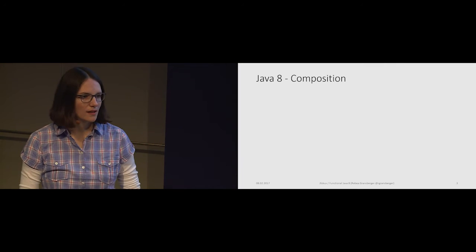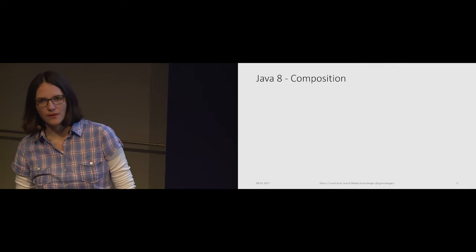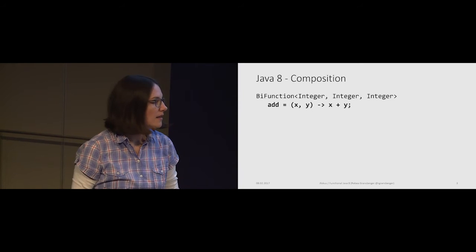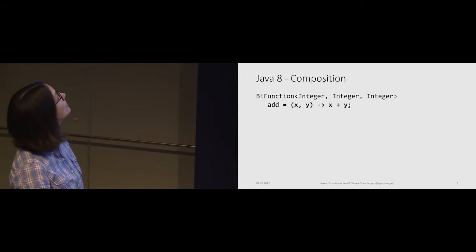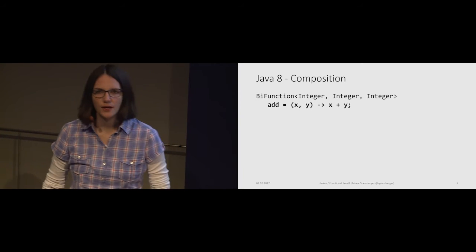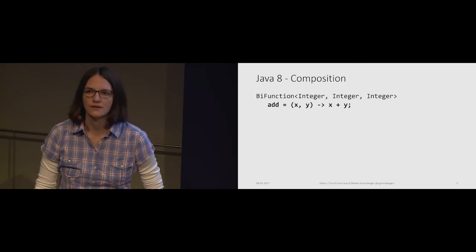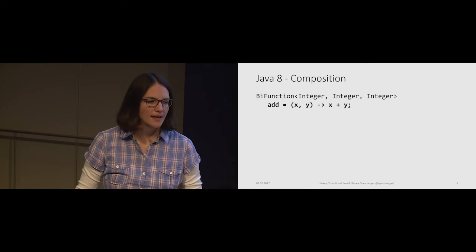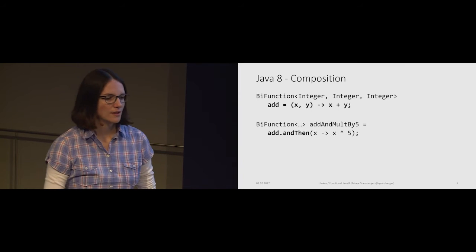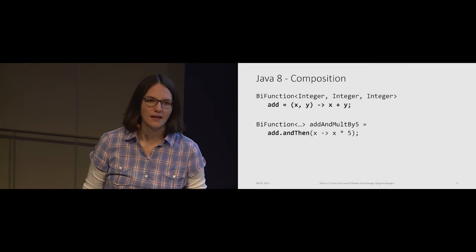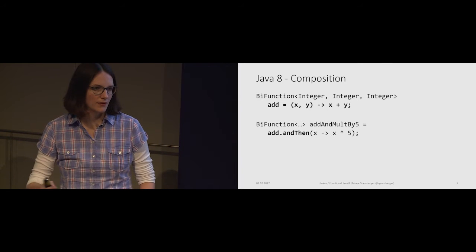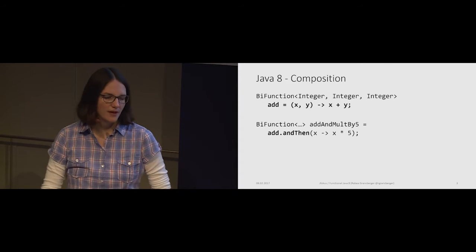It also allows us to do some functional stuff, like composing functions. In this case, we have a BiFunction, and we're going to add 2 values together, so it's x plus y. Then we can compose it, because we also want to do a multiply. So we call the method andThen, and say multiply the result we previously got from the function by 5.